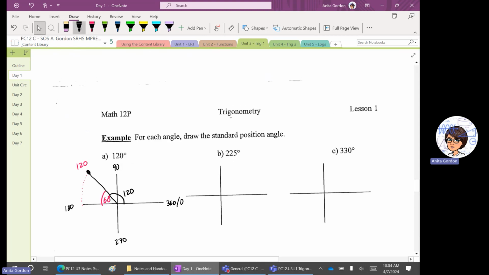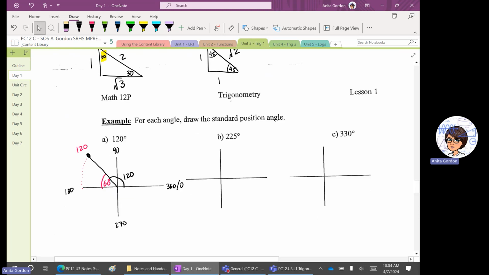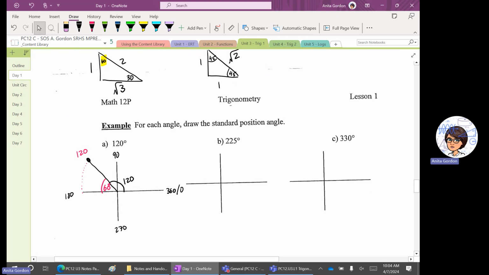Okay, well, I have a special triangle for 60 degrees, right? 60 and 30, 2, 1, root 3, and then I'm just going to draw my other special triangle as well. 1, 1, root 2, and this is 45 degrees, 45 degrees. Okay, 60 degrees. If I take the sine of 60, then I'm going to get root 3 over 2.